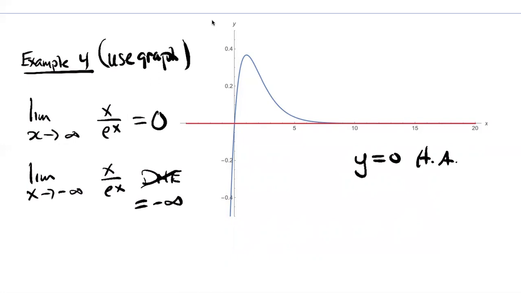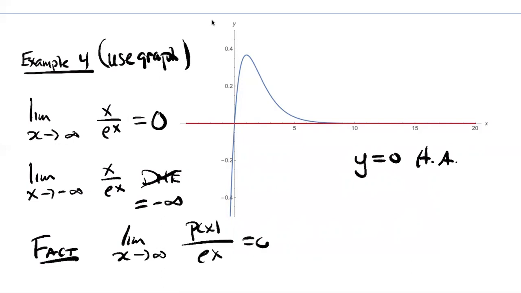I'm going to state without proof a fact: if you take the limit as x goes to infinity of any polynomial function over e to the x, you're going to get 0. What does that mean? Ratios are going to 0 when the denominators are big and the numerators aren't.